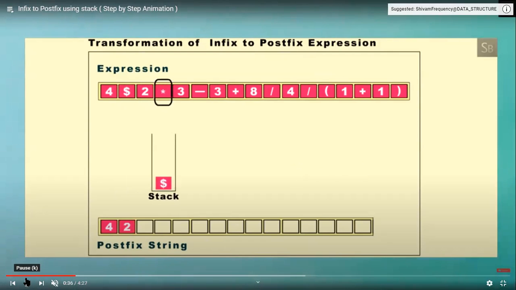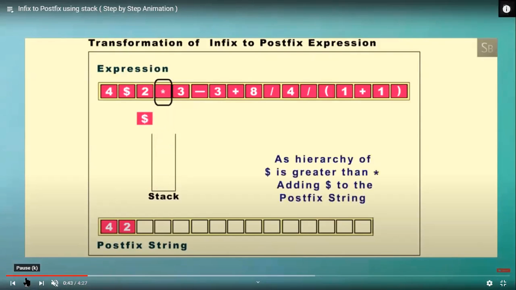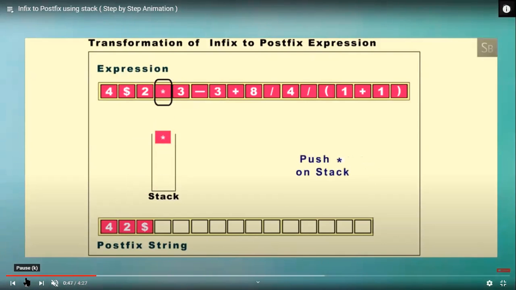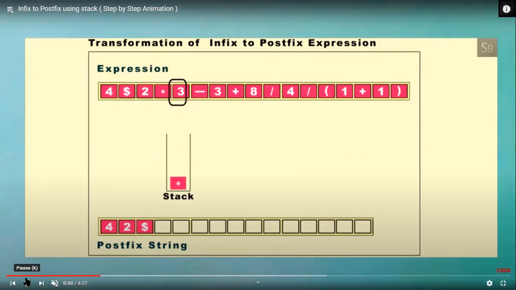The next operator that we scan is star. We compare it. Dollar has the higher hierarchy, so the dollar will be placed in the postfix string, and we push the star operator onto the stack.